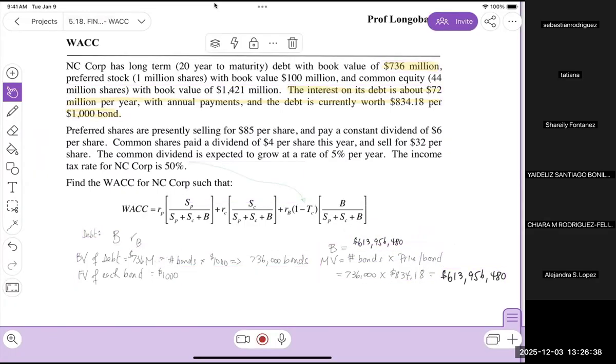Okay. And then RB. How do we find RB? Well, we have some information here. RB can be computed using all the information. So let's set it up for a bond. 834.18 is the price, and that's equal to the annuity. It's a coupon bond, right? Interesting, $72 million.